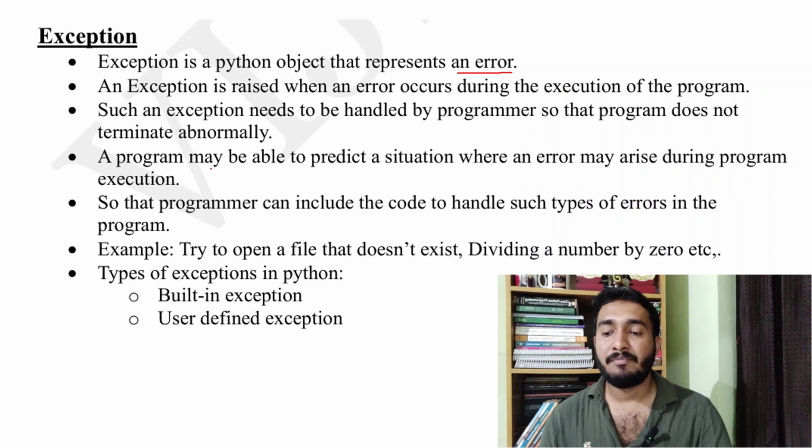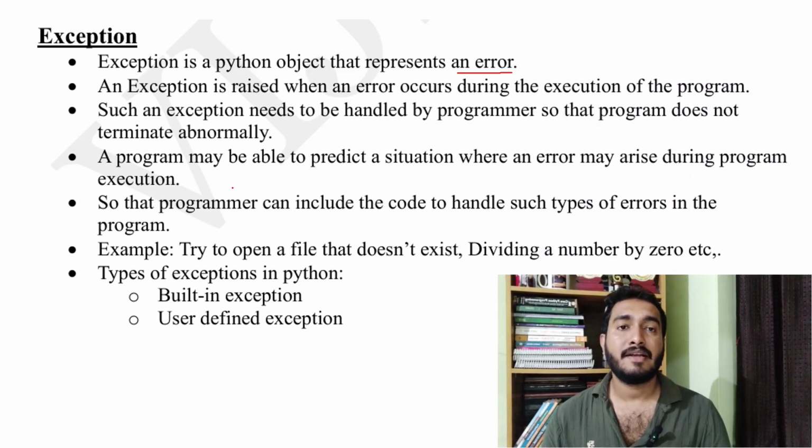A programmer may be able to predict a situation where an error may arise during program execution. So when you write exception handling code, if the programmer doubts the code might throw an exception, then that code can be handled by using exception handlers.